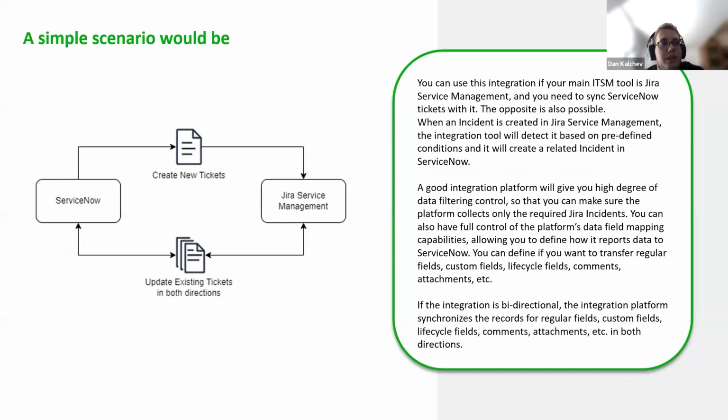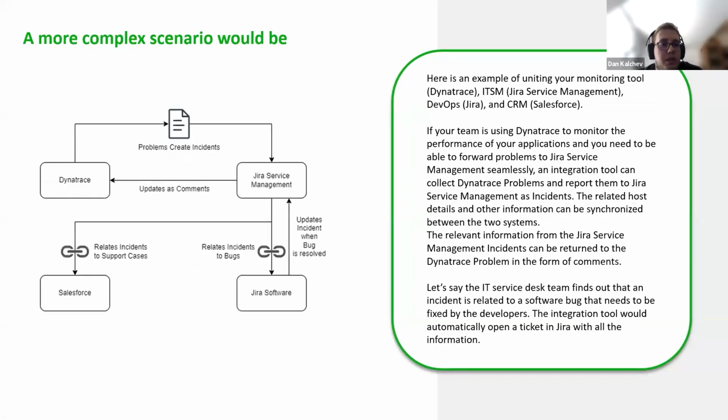Another more complicated scenario would be handling more than two systems in an integration. This example handles such a scenario where we can have a Dynatrace system which is monitoring, let's say, an application.